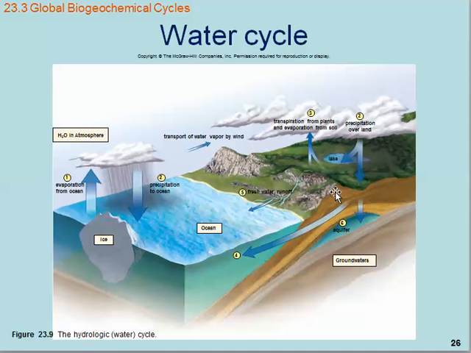Another thing that we do is, in our development, we create impervious surfaces. Look out the window right now, and depending on where you are, you see a lot of asphalt or concrete. How does that impact the water cycle? Well, we just talked about the fact that some precipitation that hits the ground percolates down into the soil and replenishes the groundwater. But if we have a lot of asphalt and concrete and buildings, it can't do that.